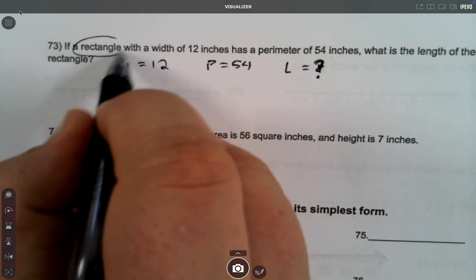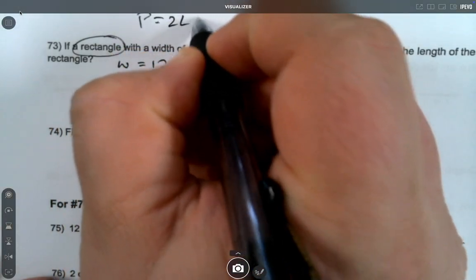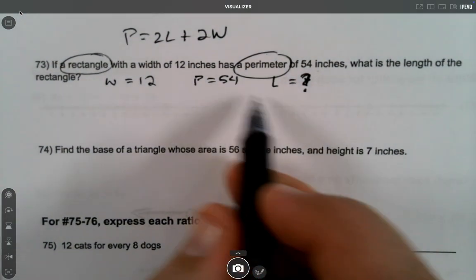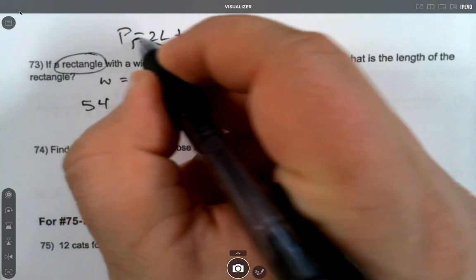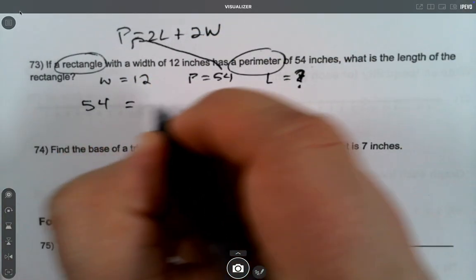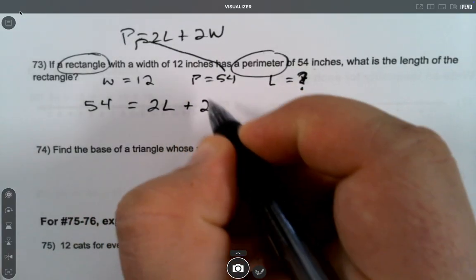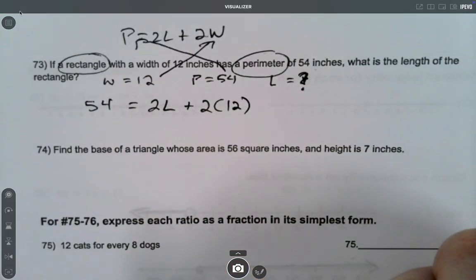Since they said a rectangle and perimeter, I know I'll be using P equals 2L plus 2W. They told me P is equal to 54, so I'm plugging that in for the perimeter: 54 equals 2 times L, we don't know L, plus 2 times the width, which they told me was 12, so I plug that in for the width.